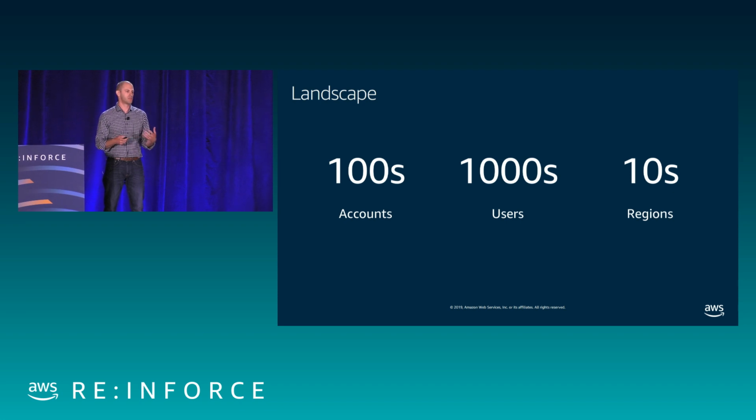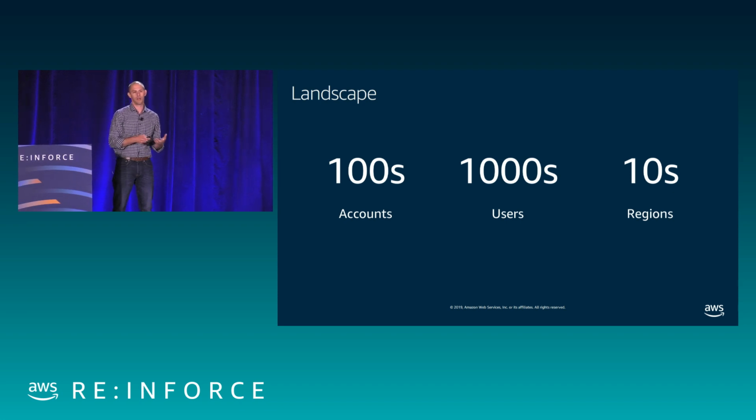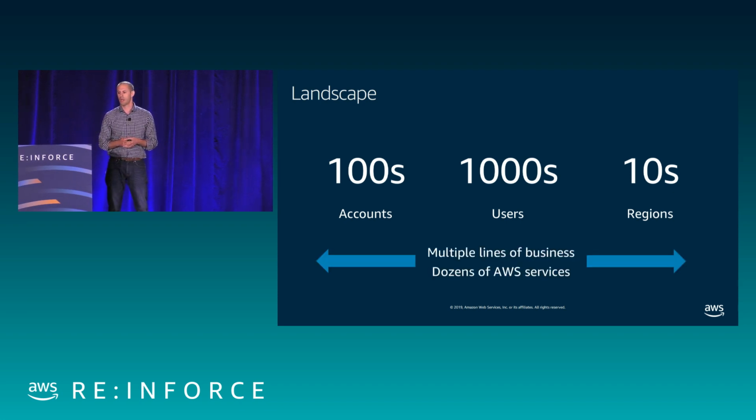We do use a multi-account strategy, which is something that I think a lot of folks have started to consider and are moving to. And we also provide access to dozens of different services within Amazon across multiple lines of business. In this case, we're talking about video and broadband and home and some of the things that we talked about.